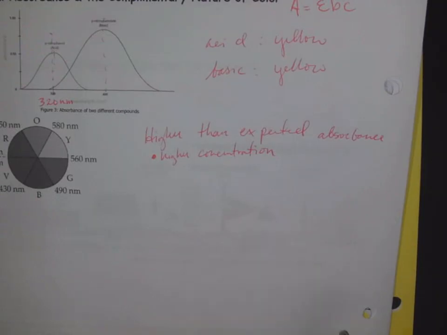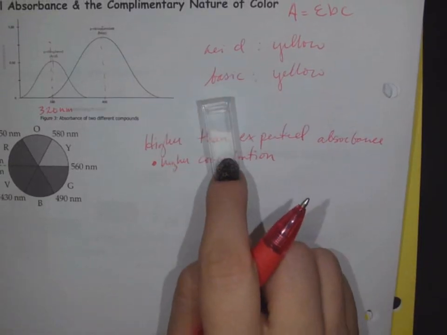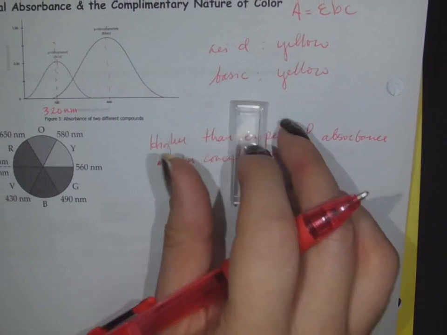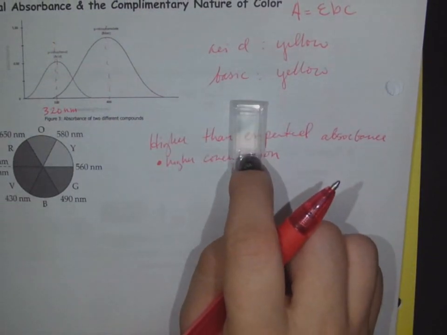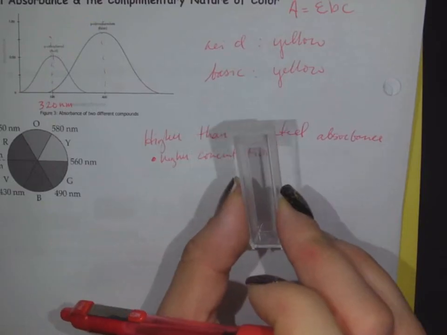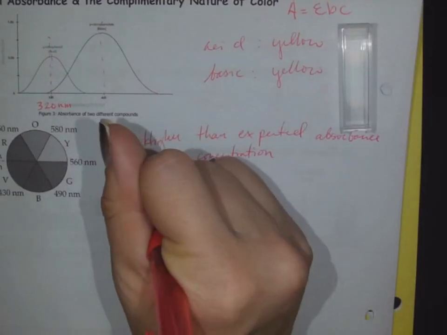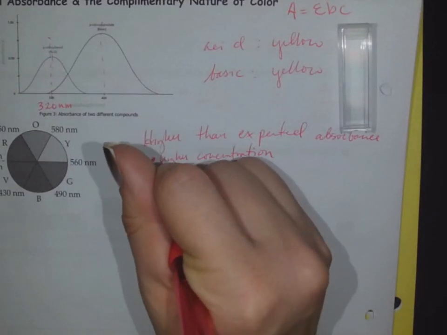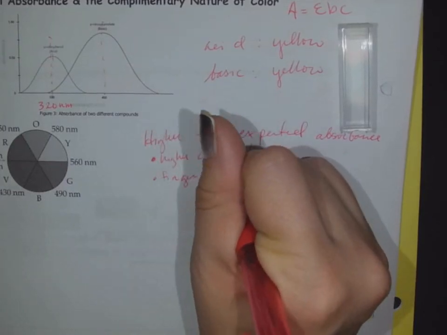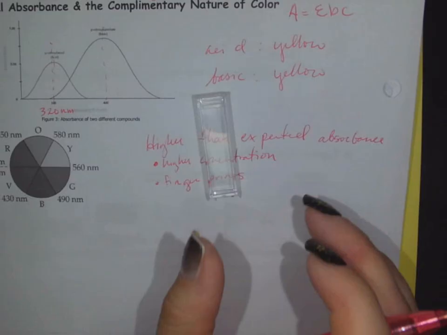Another really common reason for having a higher absorbance is that there are smudges or fingerprints on the clear, non-ridged side. Fingerprints would absolutely contribute to that.